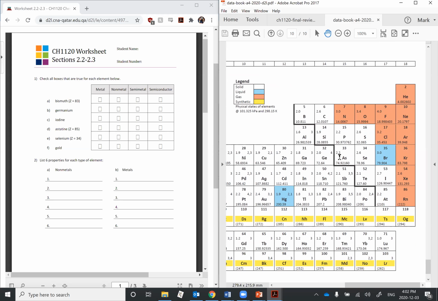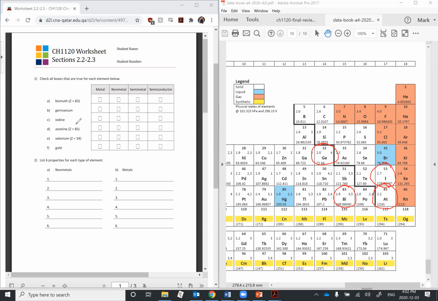Okay, so let me get my pen here. Bi is right here. This is definitely a metal compound. It's not a non-metal. Let's get the non-metals and the metals out of the way first. So let me circle all of these. I have bismuth, germanium, iodine, astatine.